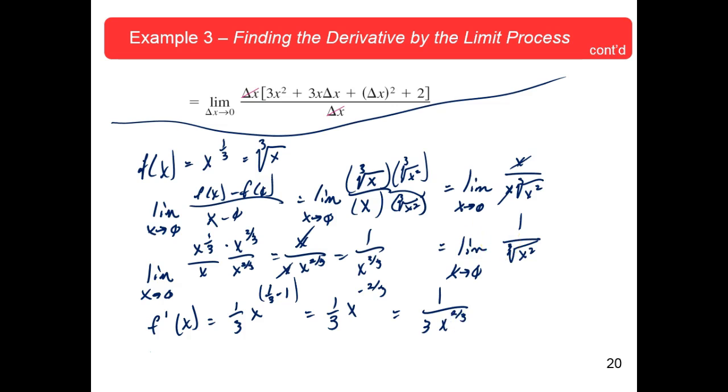So you see, that's your answer, but at x equals 0, undefined. Even though this is a smooth continuous function, because it has a vertical tangent line at x equals 0, it's not going to be differentiable everywhere.